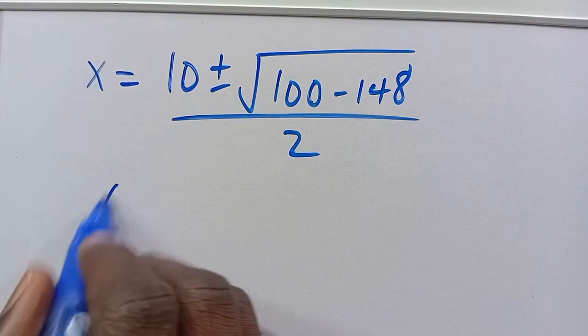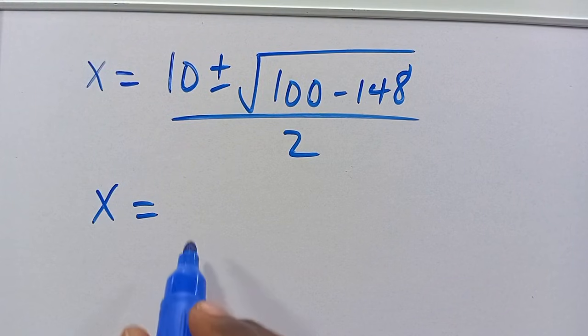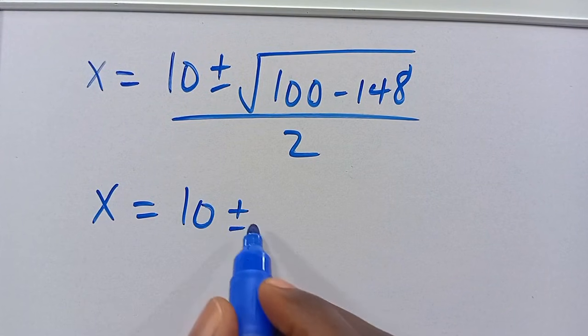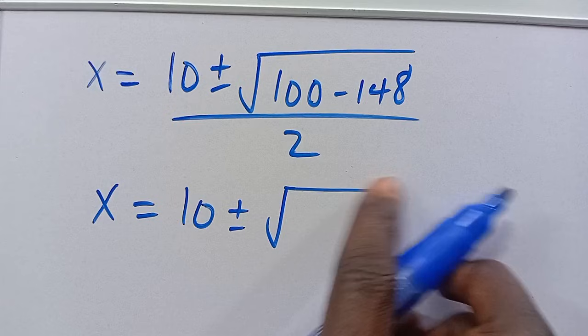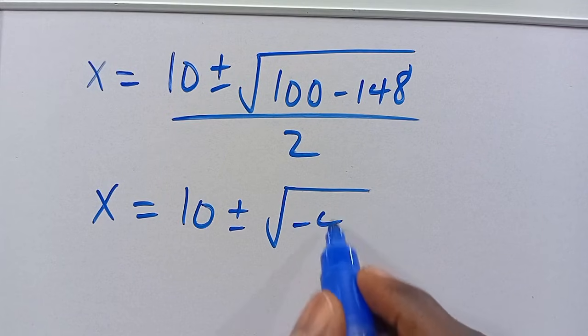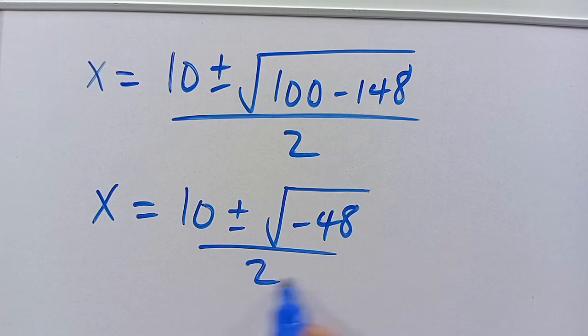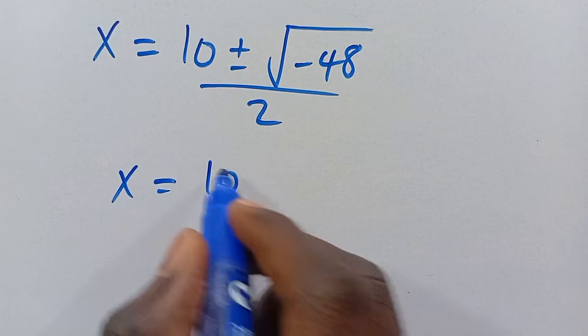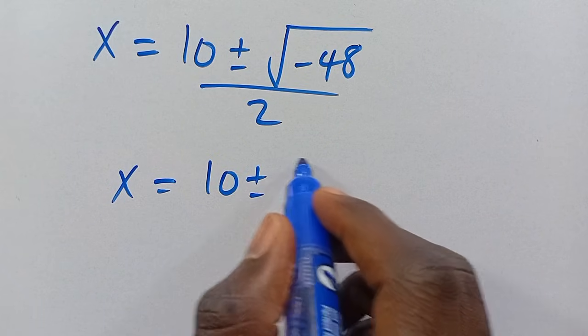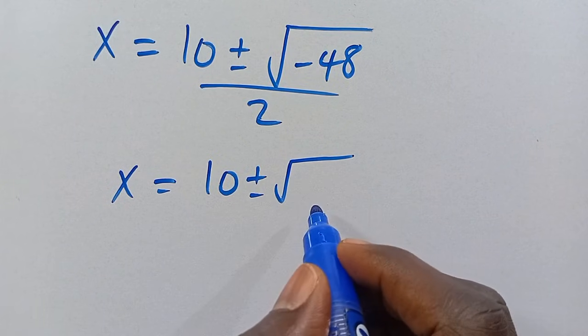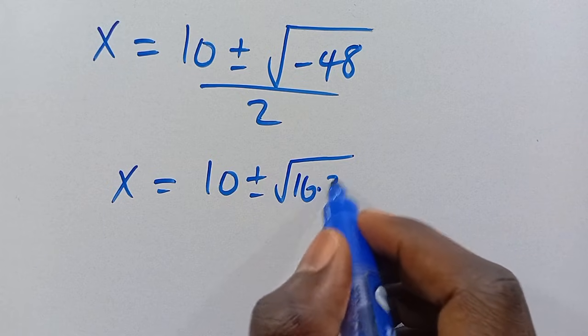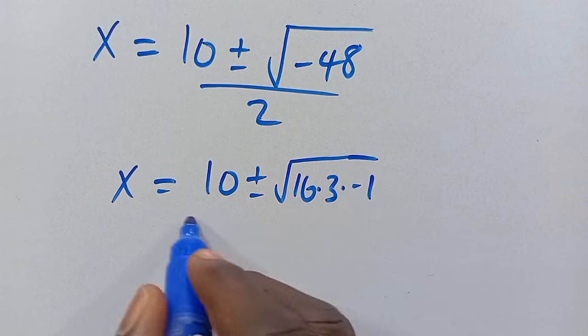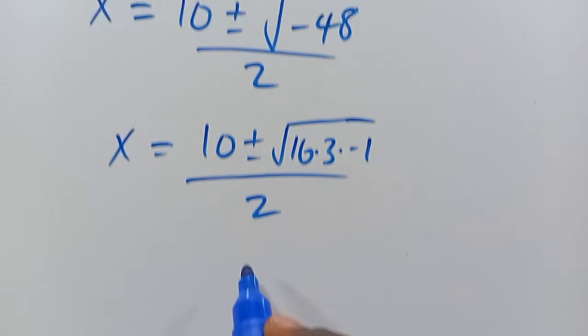So we have x equals 10, positive or negative, root of 100 minus 48, divided by 2. So we have x equals 10, positive or negative, root of 16 times 3 times minus 1, divided by 2.